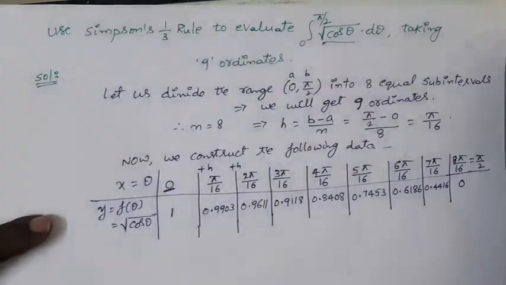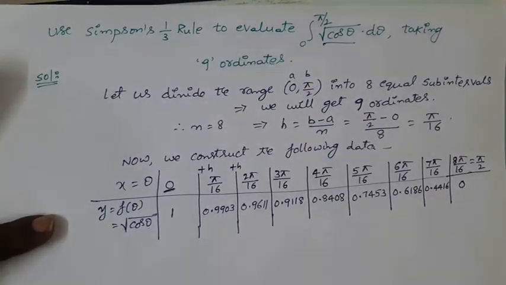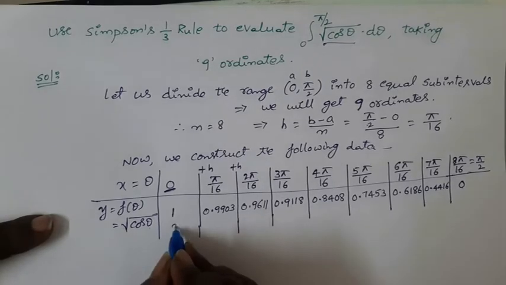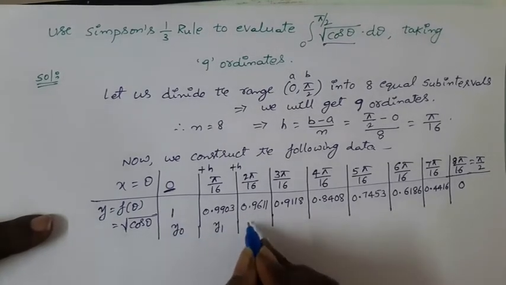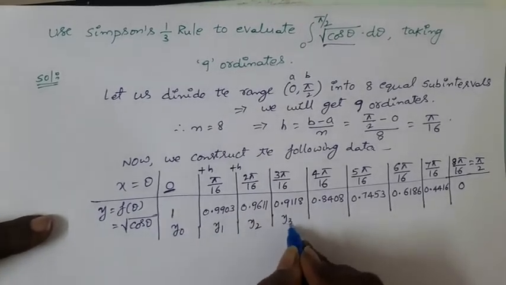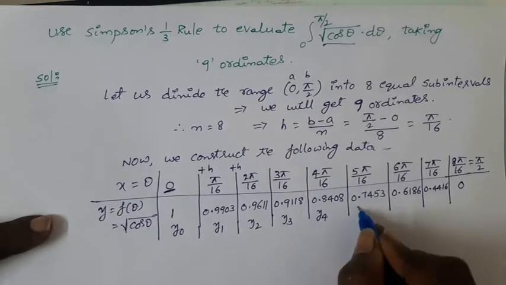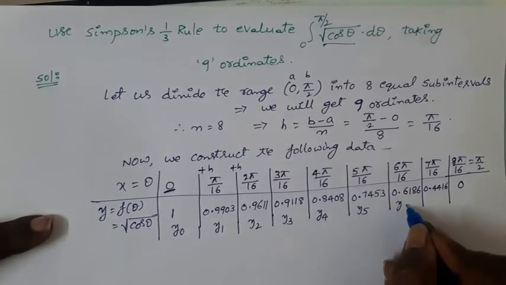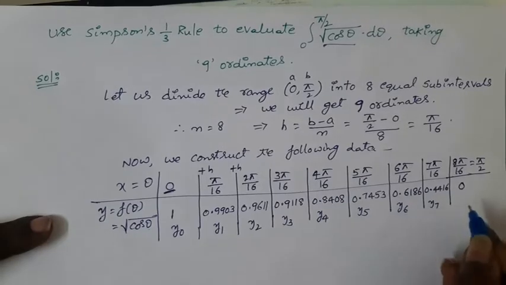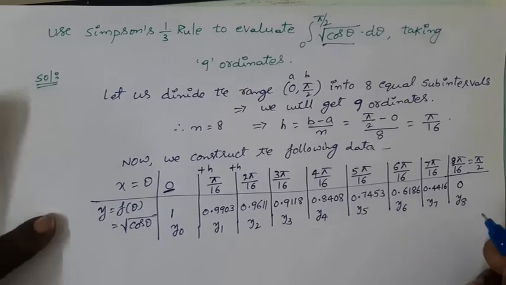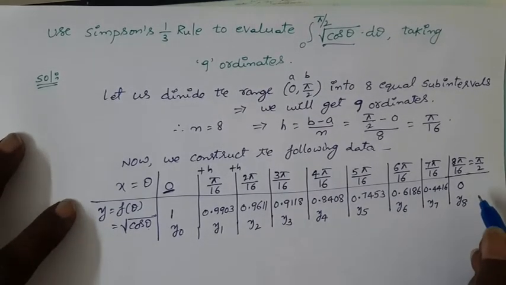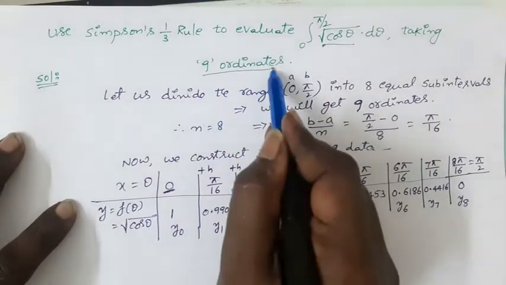Now put the names for the y values. This is y0, y1, y2, y3, y4, y5, y6, y7, y8. Totally these are 9 functional values, which are also known as ordinates.